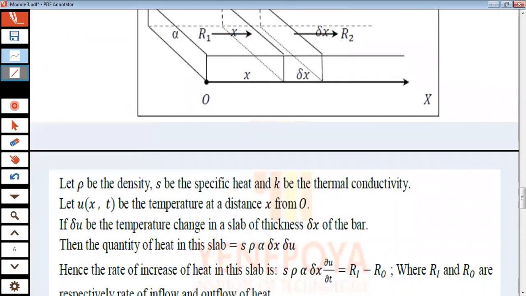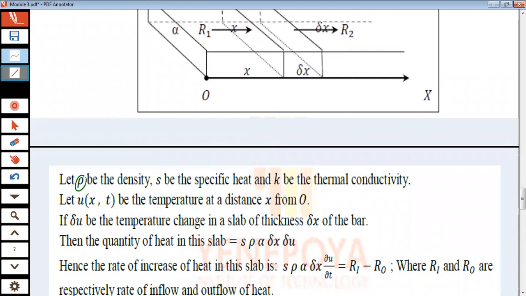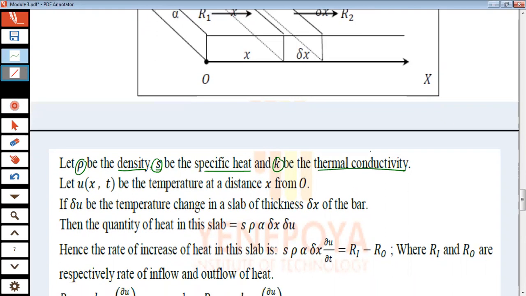Here let us take rho to be the density, S the specific heat, and K the thermal conductivity of the material, the thermal conductivity of this bar.